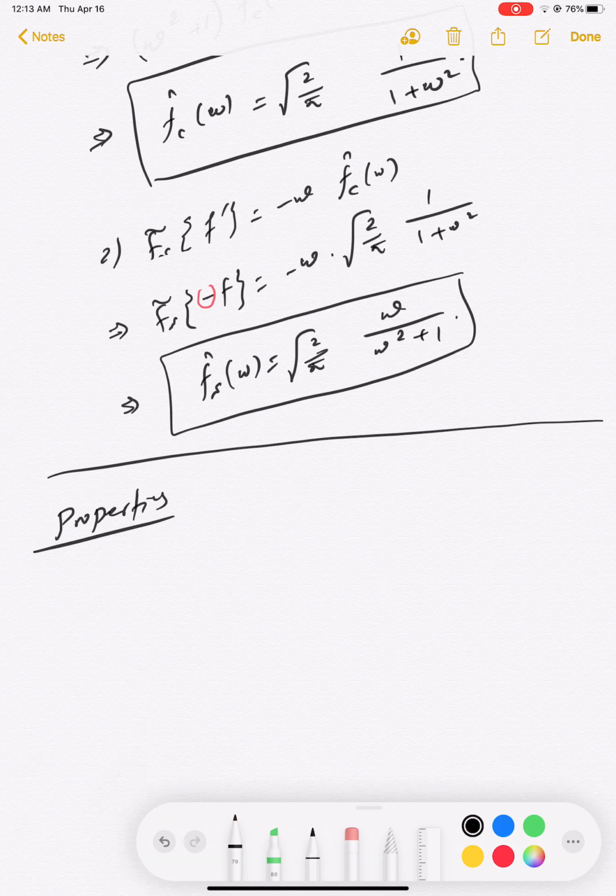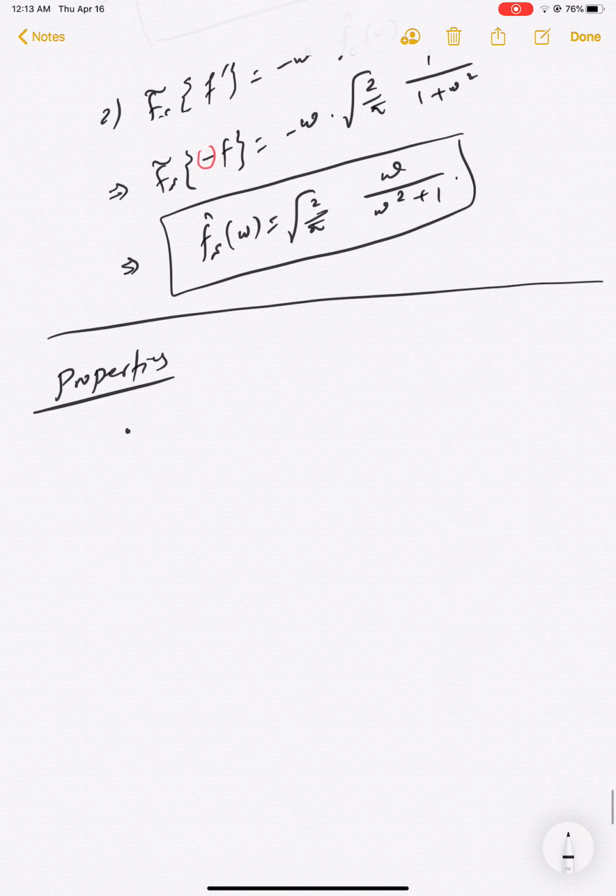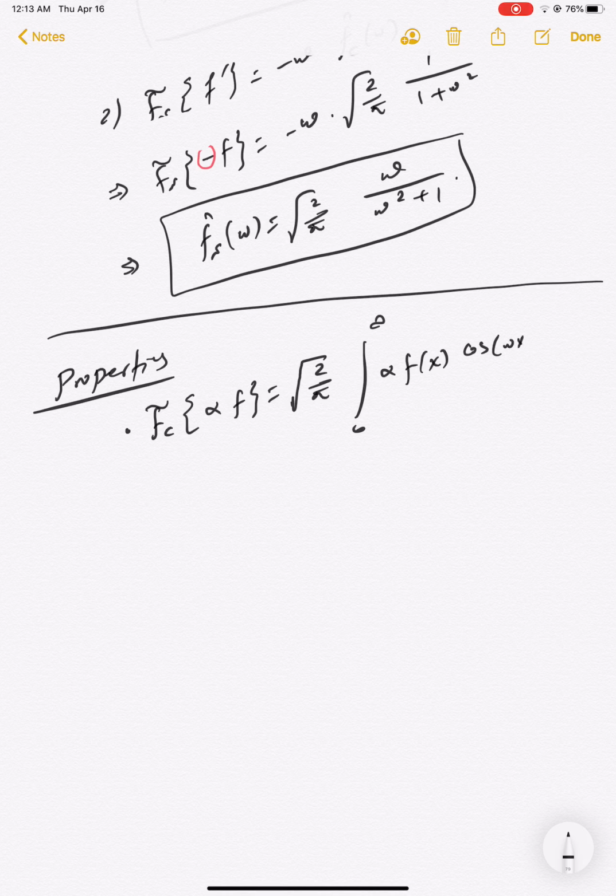So what is our property? Our property is if you take the Fourier cosine of any number times the function, what is it? The definition is the root, integral, the function that you are interested in, which is alpha f in this case, times the cosine.